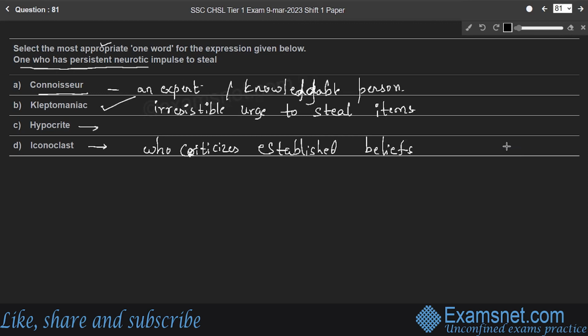Whereas hypocrite is one who pretends to have moral beliefs or religious beliefs, right? That they do not actually possess or follow. Option B is the right answer.